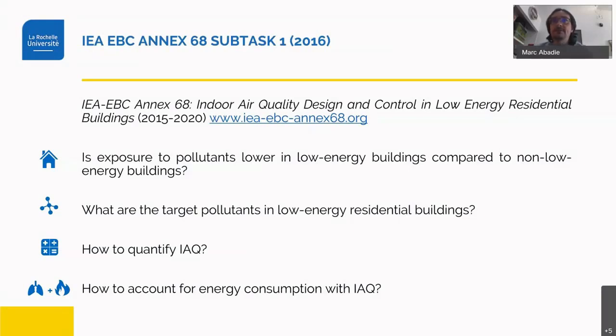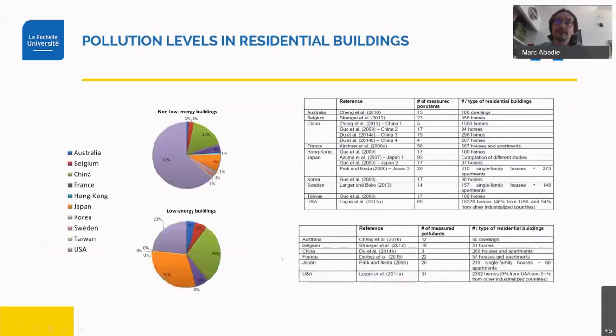So as I said before, we gathered a lot of data to have a look at the pollution levels in residential buildings. We had a lot of data from older buildings, which we call non-low energy buildings, and low energy buildings, from all around the world.